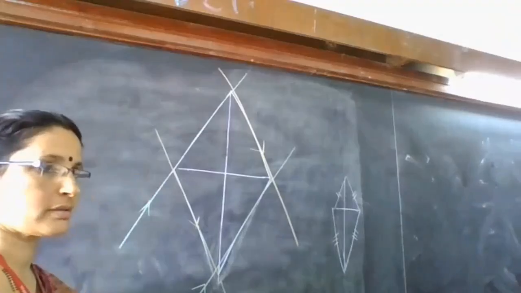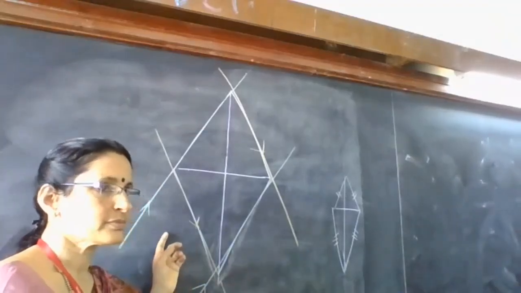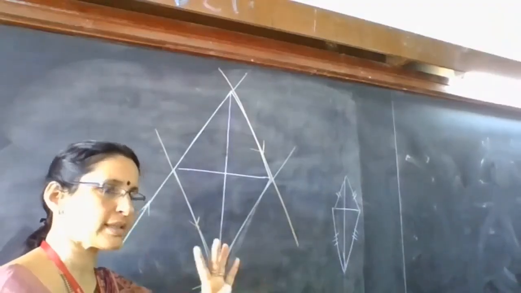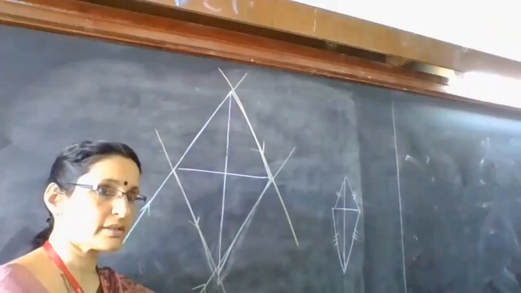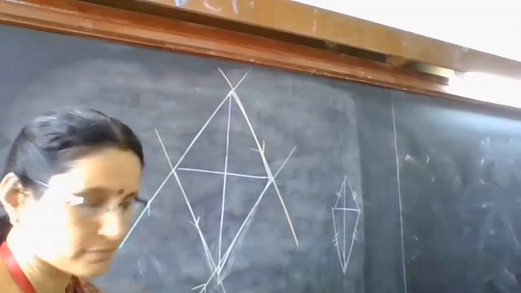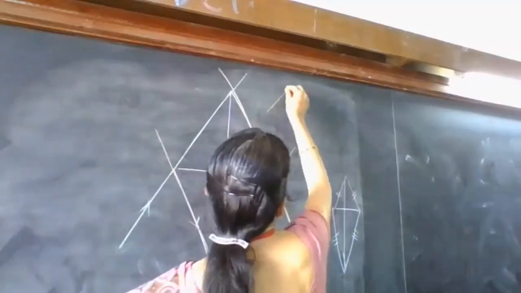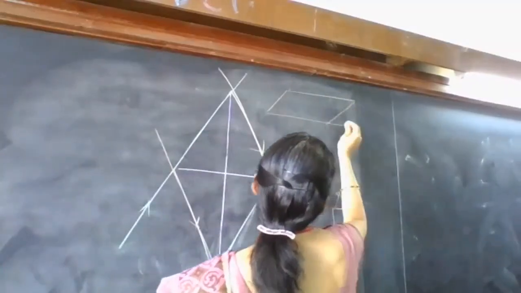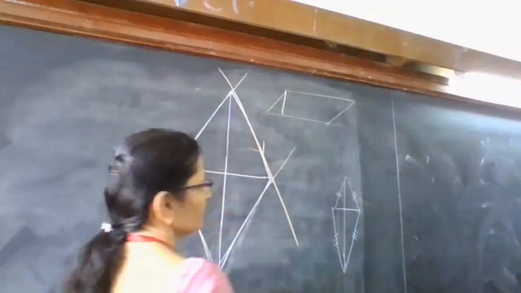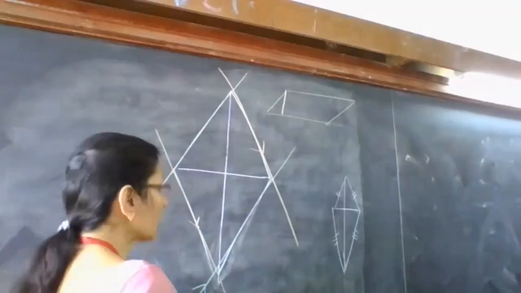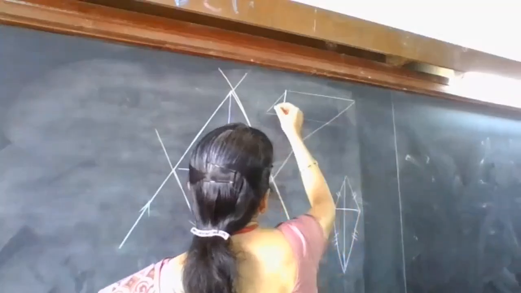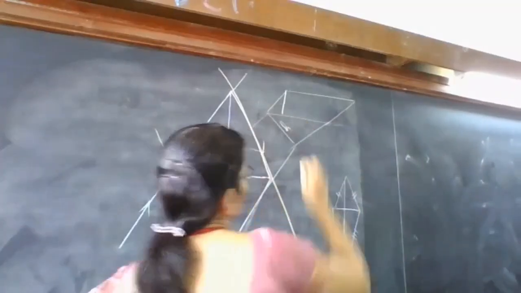Now I want somebody to explain why the height of the rhombus is only one. In a parallelogram we saw that there are two heights, generally in any parallelogram. Today only we discussed. This is a parallelogram, and if one of the heights is the distance between one pair of parallel sides, another height is, if I extend this, also another height.